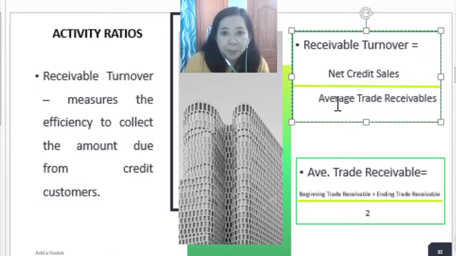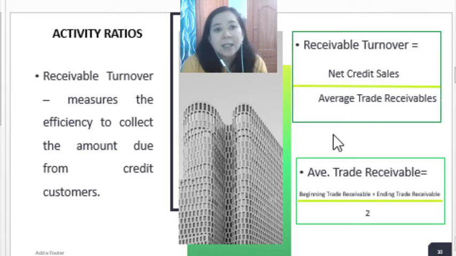The idea here is your receivable turnover should be more frequent, meaning there is a lesser number of days that you will wait so that you can collect your receivable.